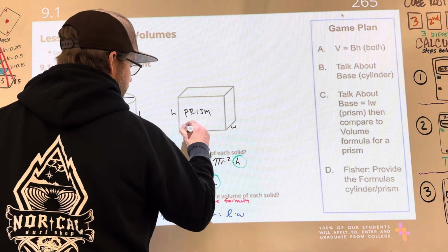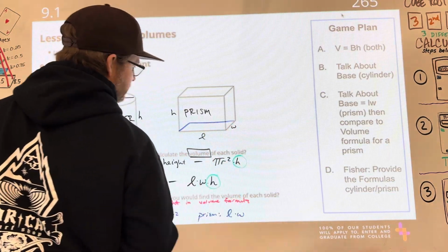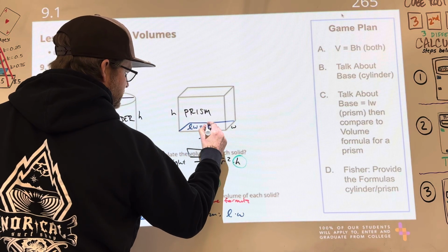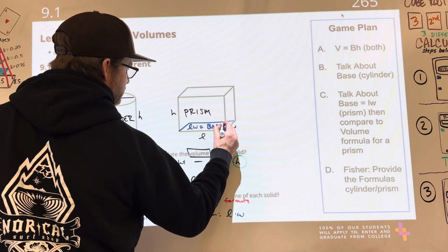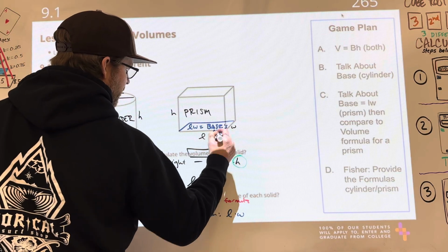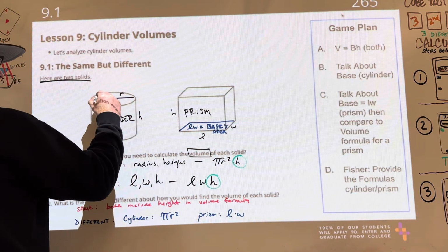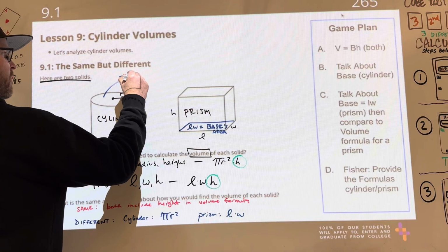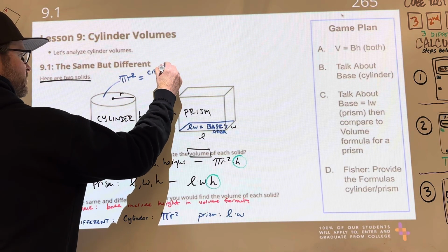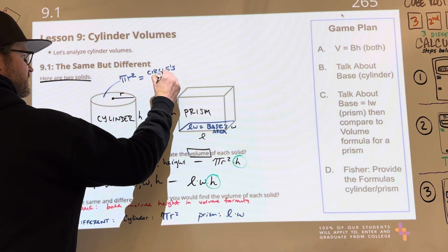Now what's cool is that length times width is the base's area. Pi r squared is the circle's area, or the base.